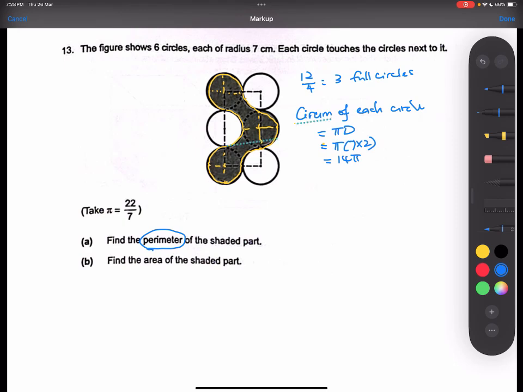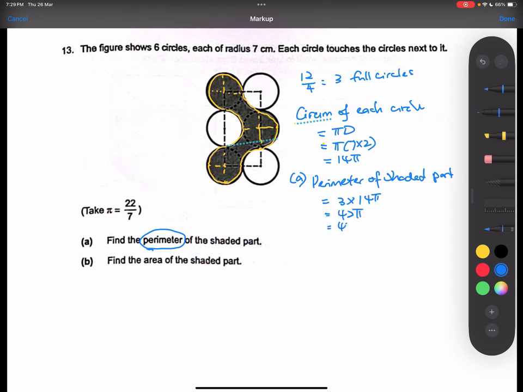To find the perimeter of the shaded part, we are looking for 3 full circles. So perimeter of shaded part equals 3 times 14 pi. That will give us 42 pi.